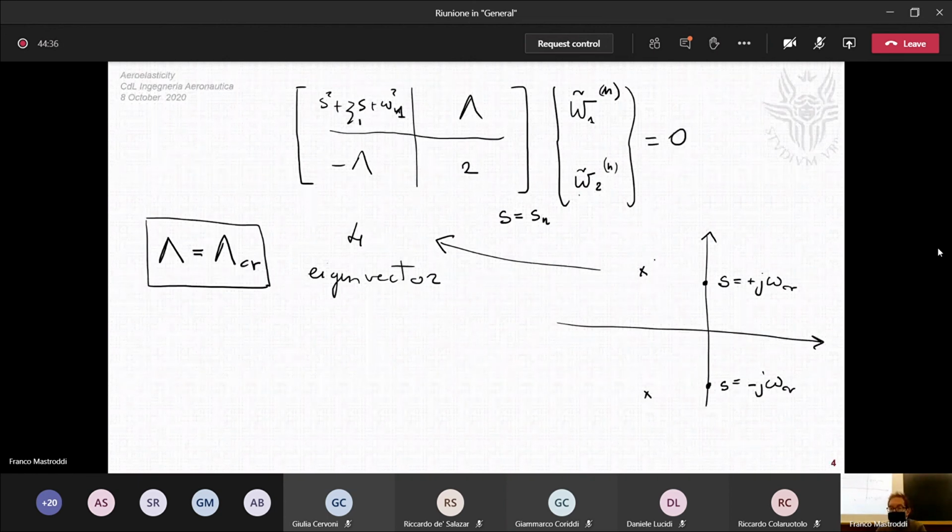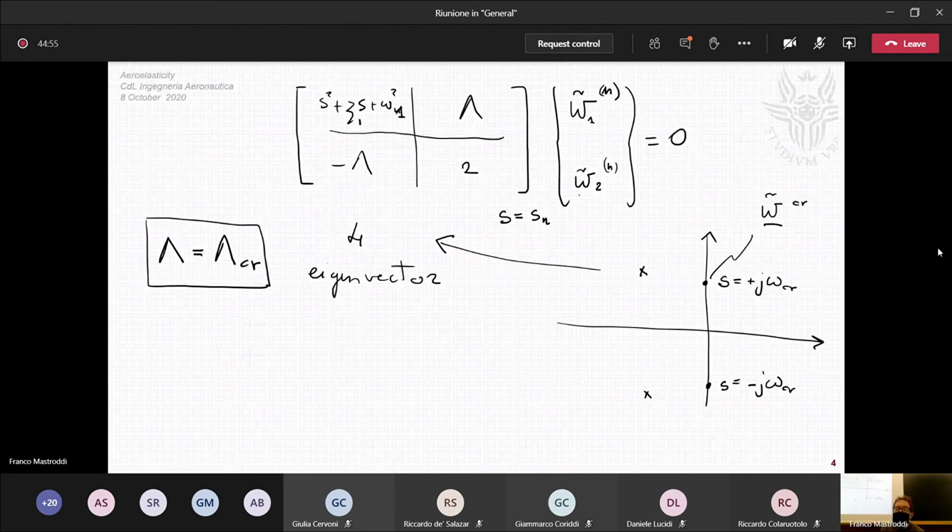And corresponding to this pole, we have an eigenvector that I want to call the critical eigenvector. This is a critical eigenvector because it corresponds to the critical eigenvalue crossing.